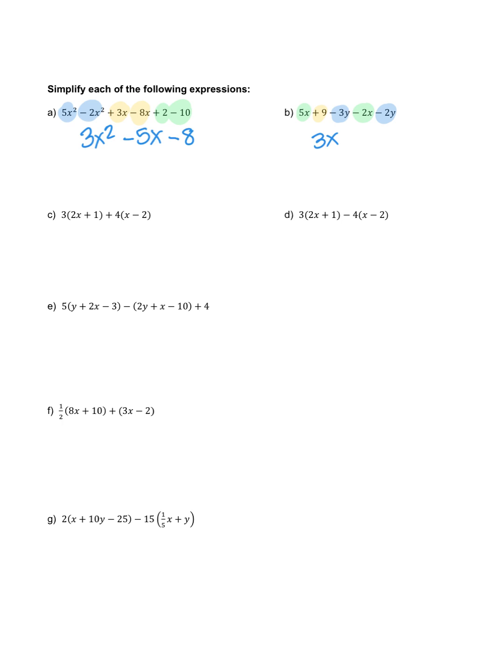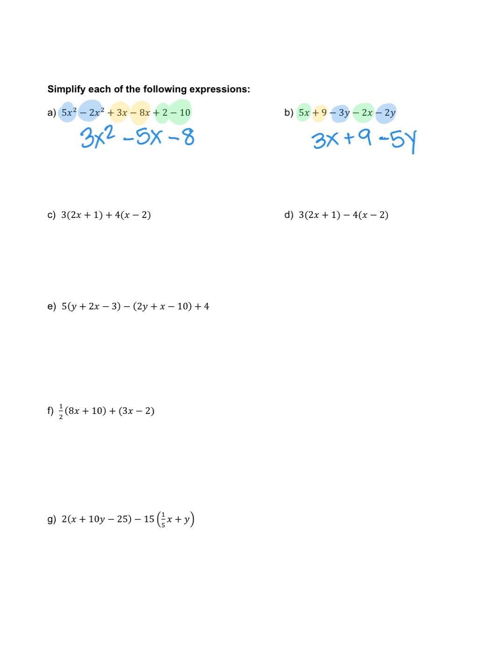And I have +9. We could bring down that +9. Again, doesn't have to be in any particular order. And then we have our y's. So we have -3y and -2y. So -3 plus a -2 gives us -5y.